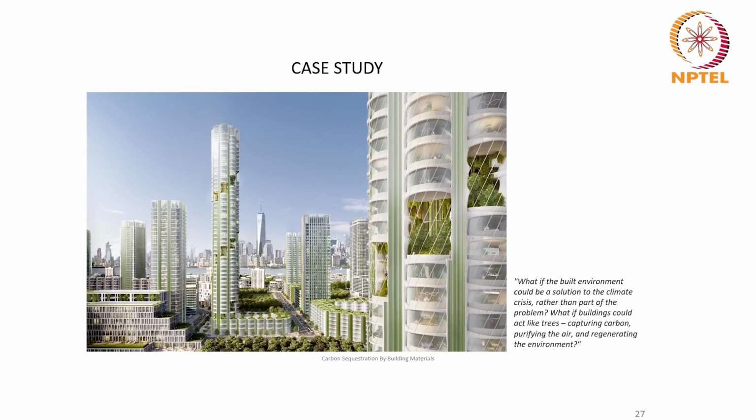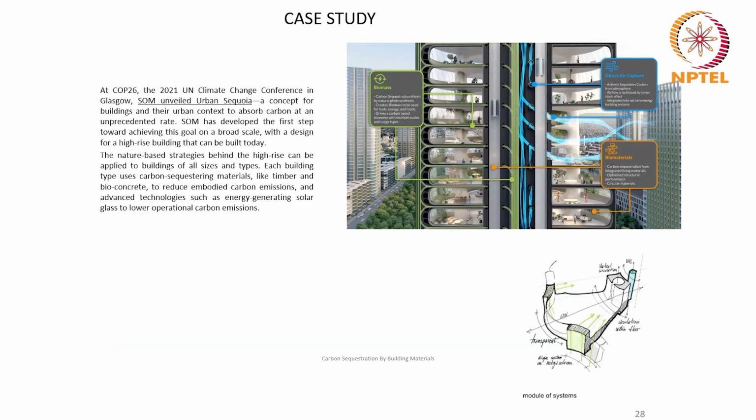What if buildings could act like trees, capture carbon, purify the air, and regenerate the environment? So there has been a theoretical attempt where the concept for building in the urban context to absorb carbon at an unprecedented rate has been proposed.